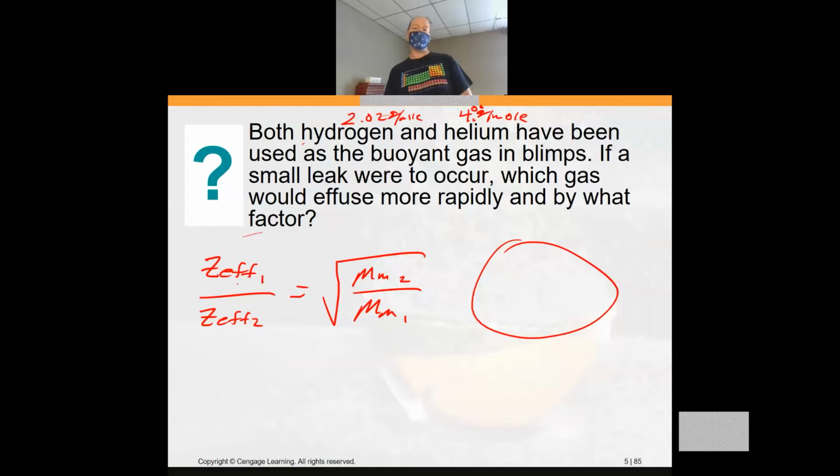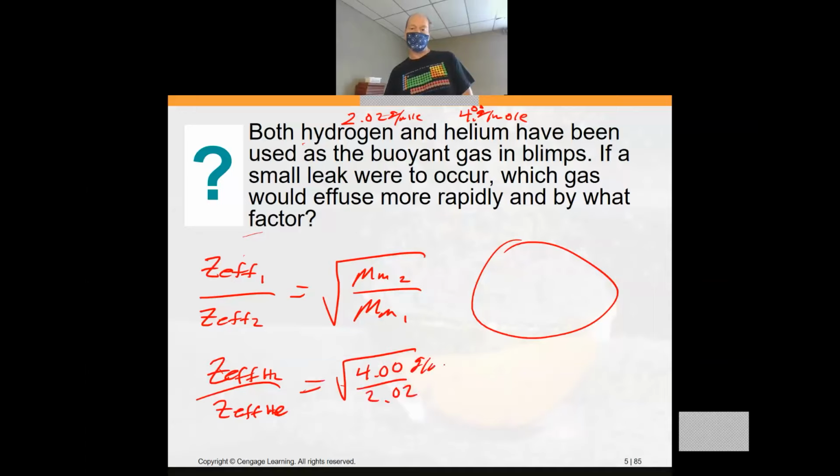So the rate of effusion of hydrogen compared to the rate of effusion of helium is equal to the square root of 4.00 over 2.02. Now, why doesn't this have to be in kilograms per mole?